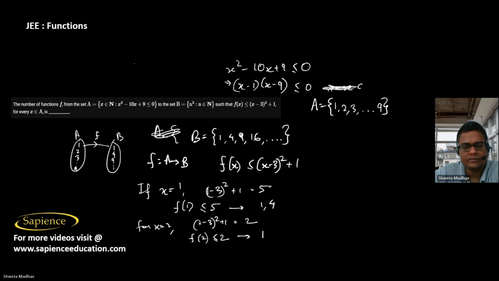Similarly, for x equal to 4, (4 minus 3) whole square plus 1 is equal to 1 plus 1, that is 2.